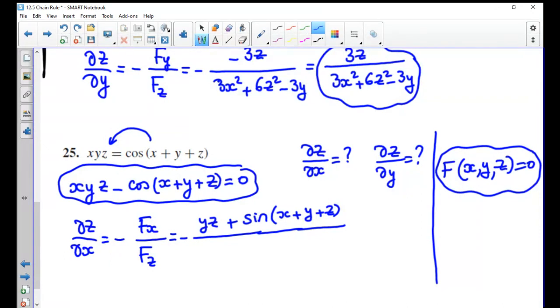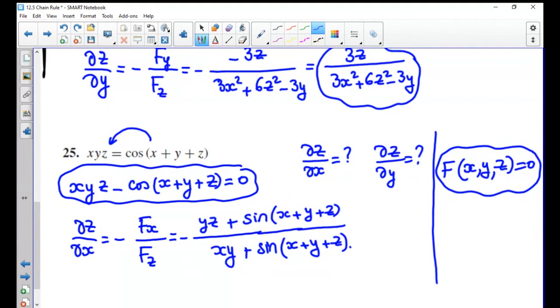And then the denominator, fz, is going to be xy plus sine of x plus y plus z.